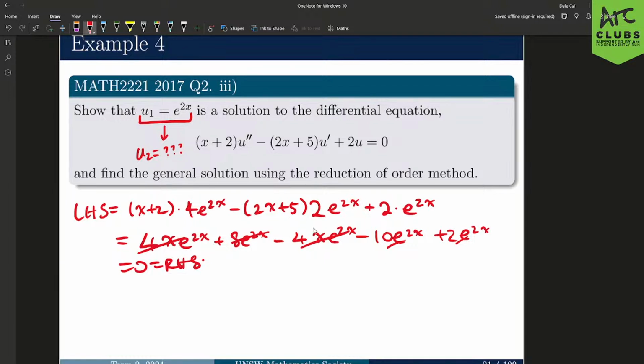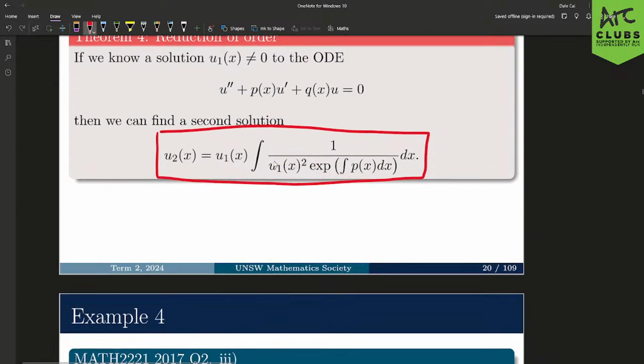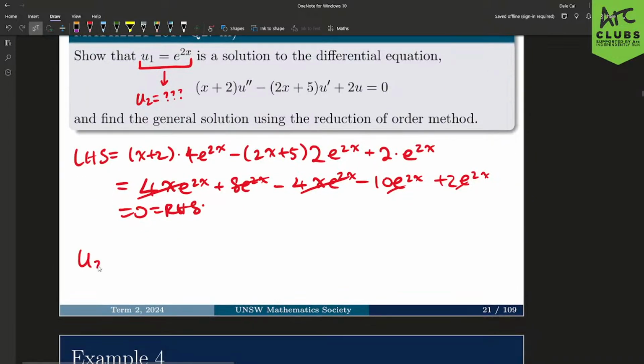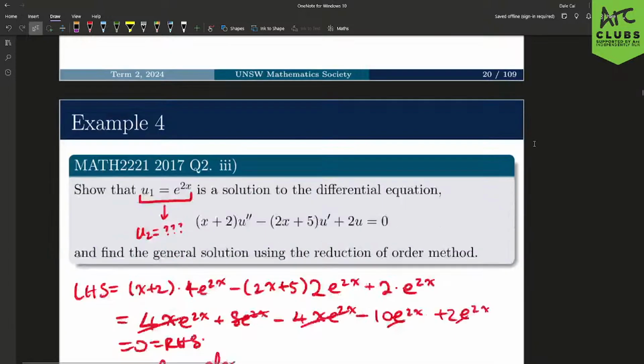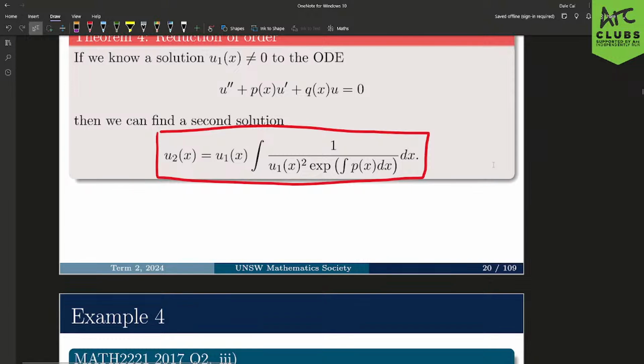Hence, find the general solution using the reduction of order method. So we're just going to use this equation here. u2 is going to be u1 times the integral of dx over u1 squared, times e to the integral of p of x. What should p of x be?